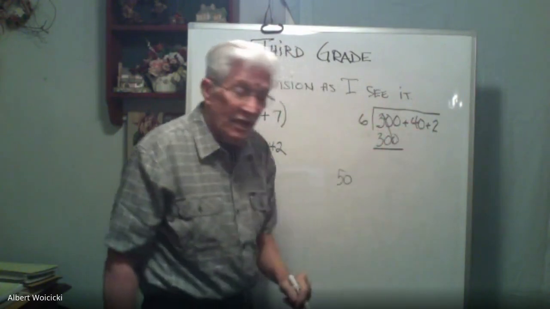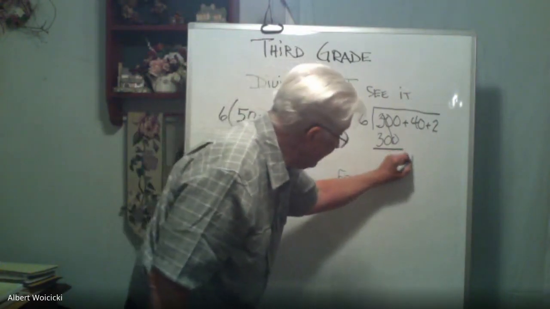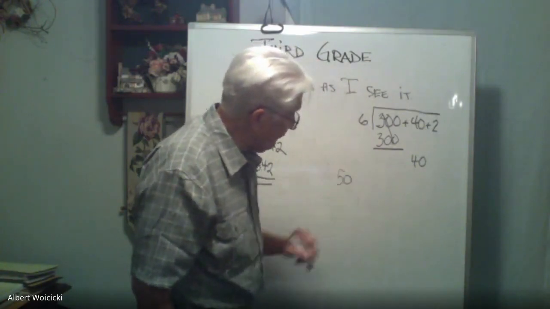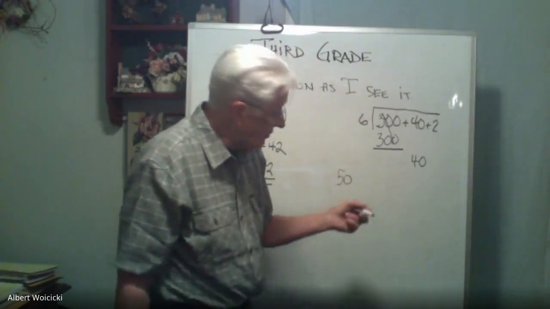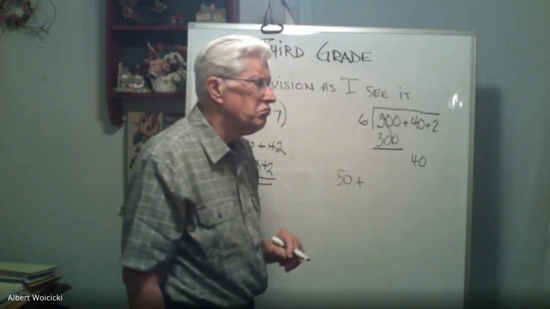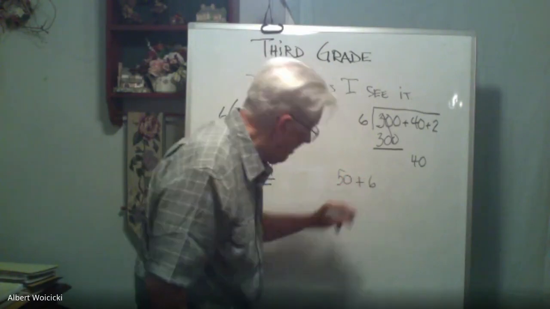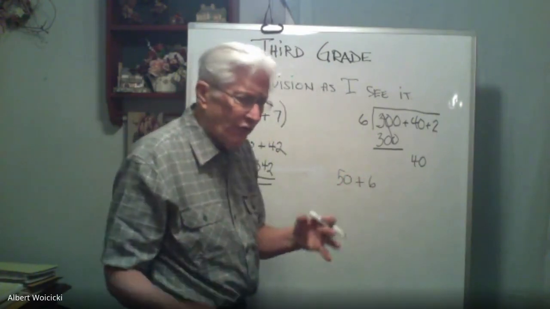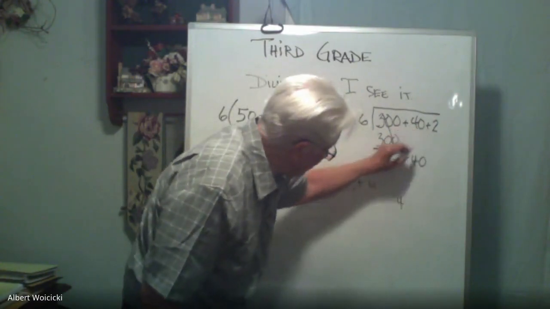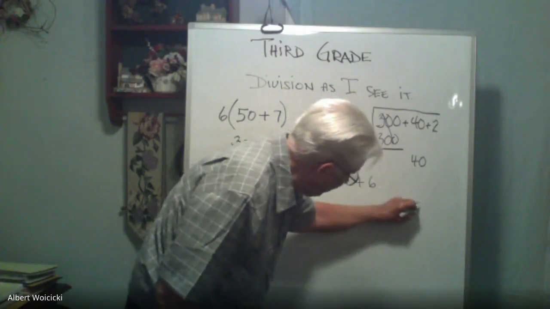because now all I have left is 42. So now we can take down the 40, because all I have is 40. And what does 6 go into 40? Well, 6 goes into 40. It's going to go in there how many times? It's going to go in there 6 times. But I'm going to have something left over from it. It's going to have 4 left over. But then I have 2 also added on to that, which gives me another 6.